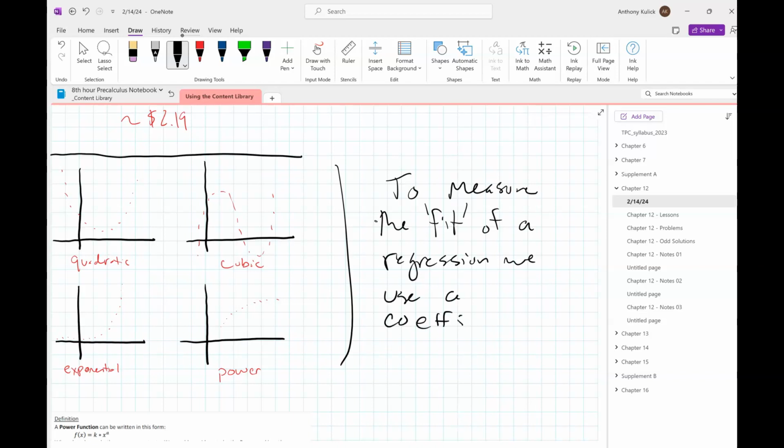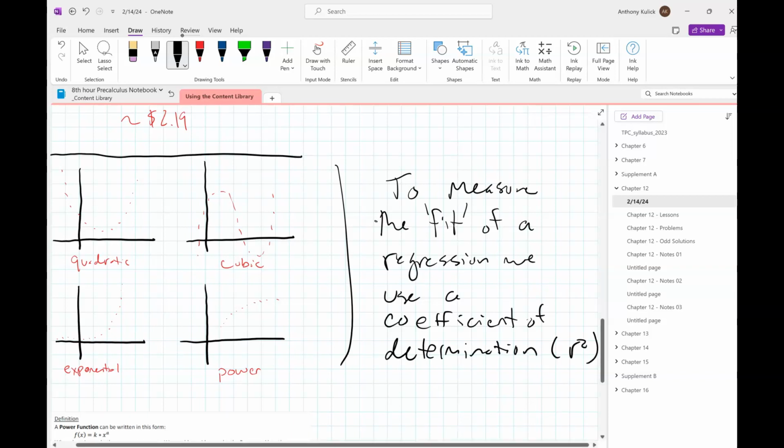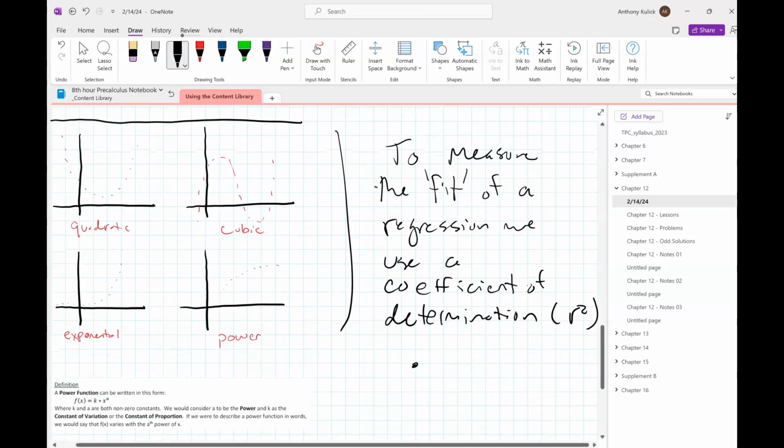So we can use what's called a coefficient of determination, which is r squared. Remember when we did the LinReg, we got the r squared value and we didn't mention what that meant? That was a coefficient of determination.